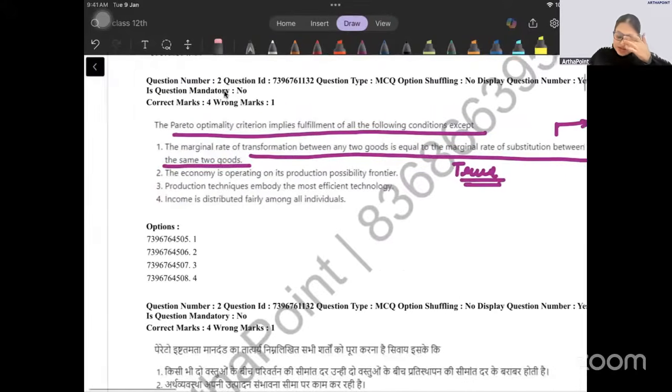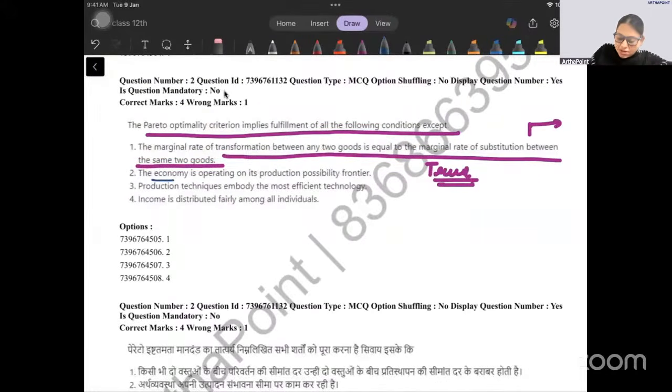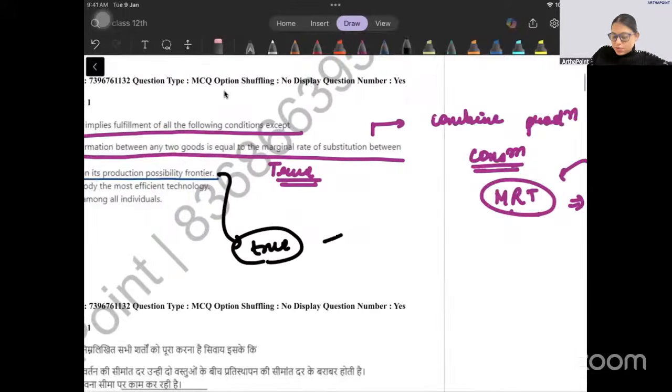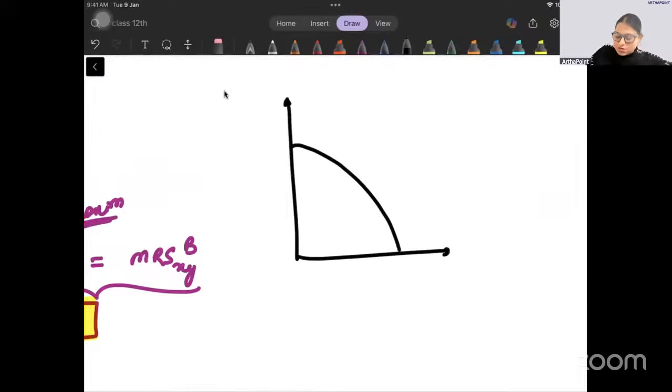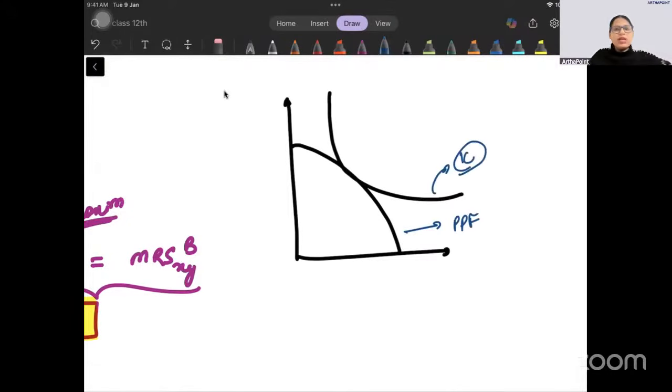Okay, now look at the second one. The economy is operating in its production possibility frontier. That is also true. Again, this is coming from the production side, that whenever the economy will operate, you will always be on your production possibility frontier. माने अगर मुझे economy and consumer को if I have to combine them together also, so this is my production possibility frontier and this is my IC. ठीक है.